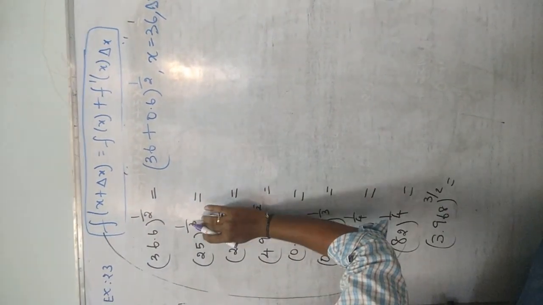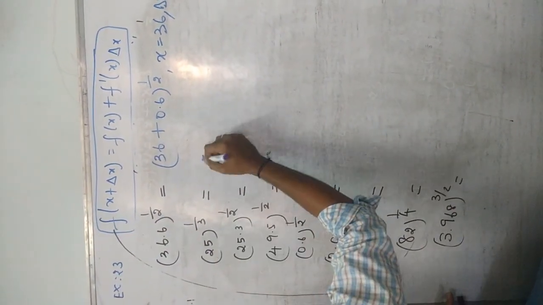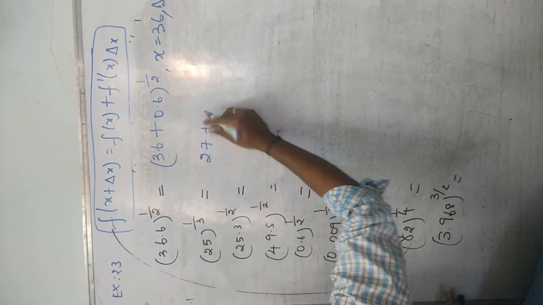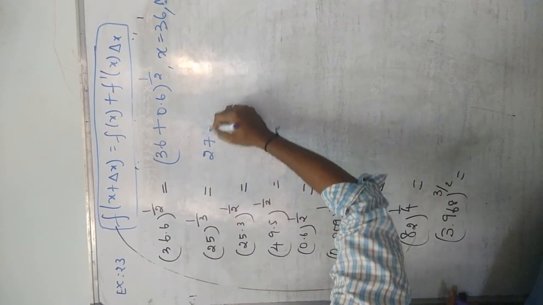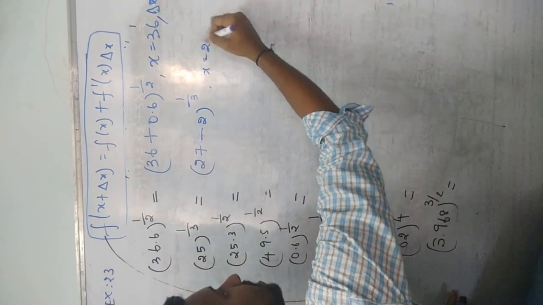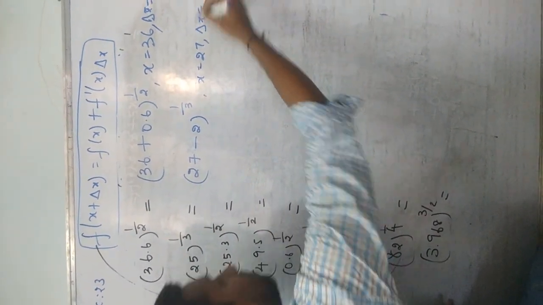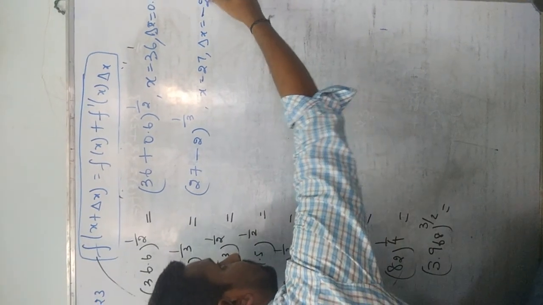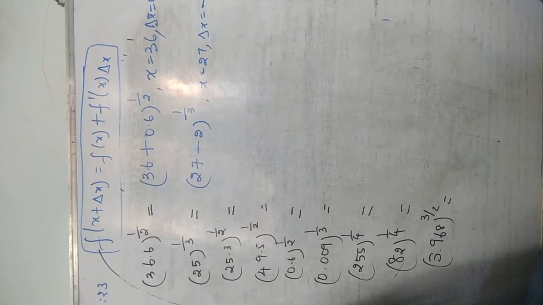For the cube root, which number has the nearest cube root? 27. So x equal to 27, delta x equal to minus 2.